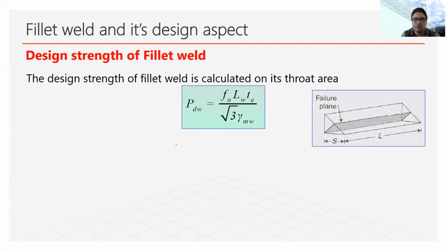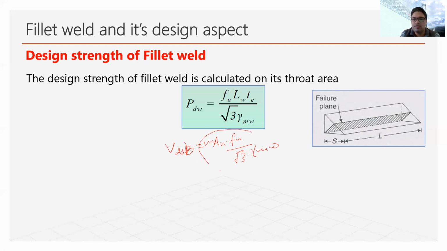In the bolt, we used to calculate V_dsb equals A_n into f_u over root 3 gamma_mw, also n_n, where n_n was the number of intercepts.